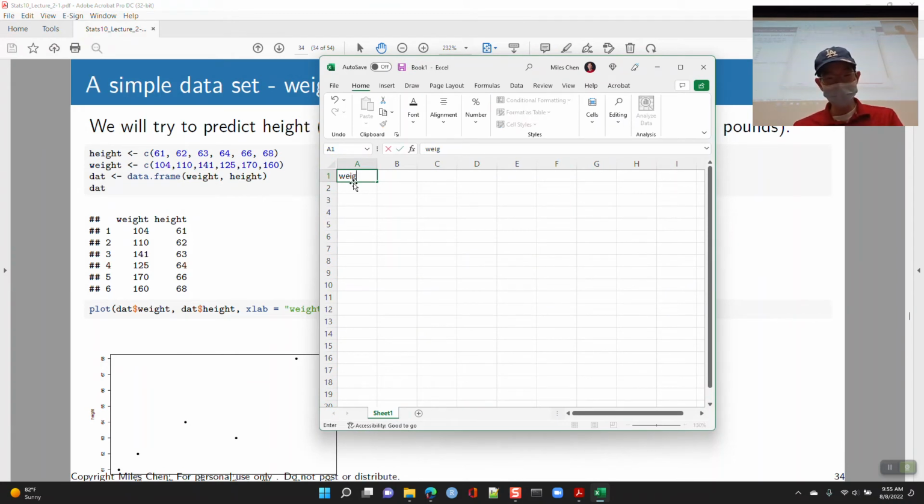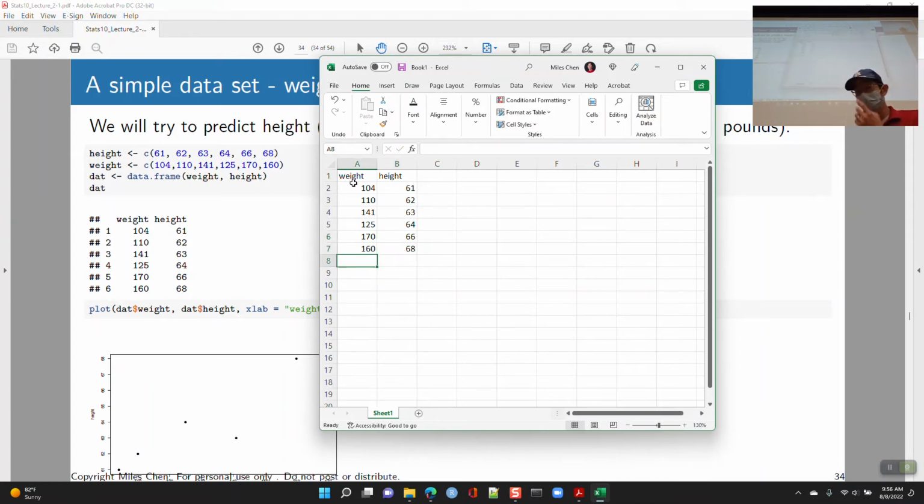All right, let's do weight, height. Let me type in these numbers: 104, 61, 110, 62, 141, 63, 125, 64, 170, 66, and 160, 68.